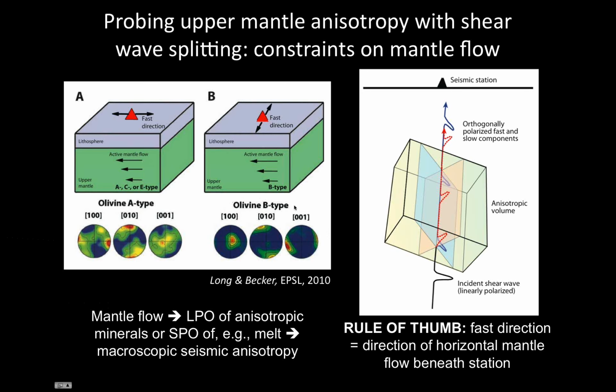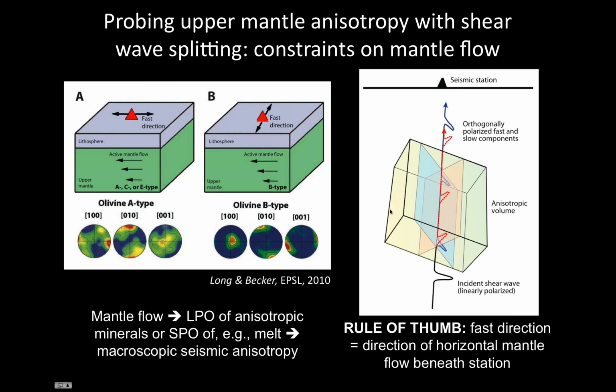There is an exception to this rule of thumb in the case of B-type olivine fabric, which you can get if you have high amounts of water, high stresses, and low temperatures. That can change this relationship by 90 degrees. For the High Lava Plains setting, we're quite sure that A, C, or E-type fabric is probably relevant, so this rule of thumb holds.